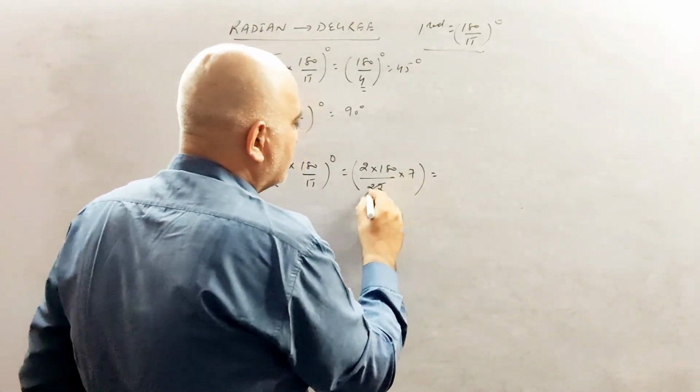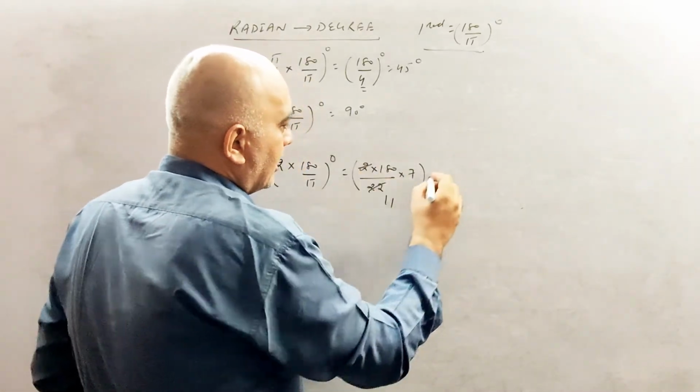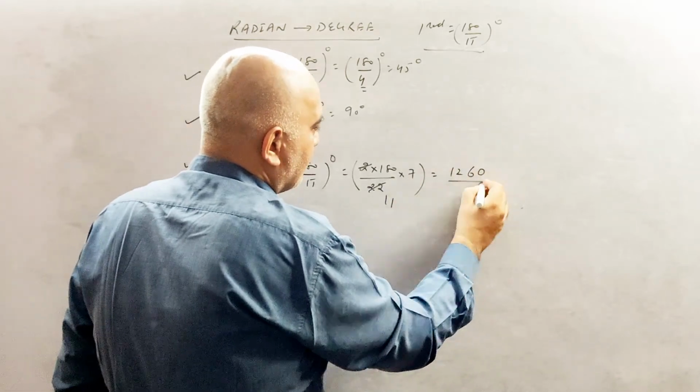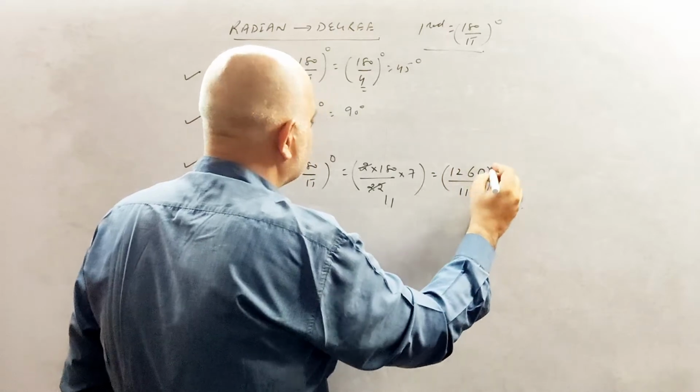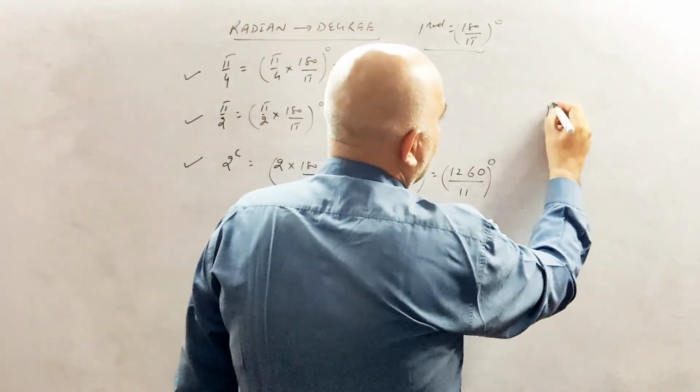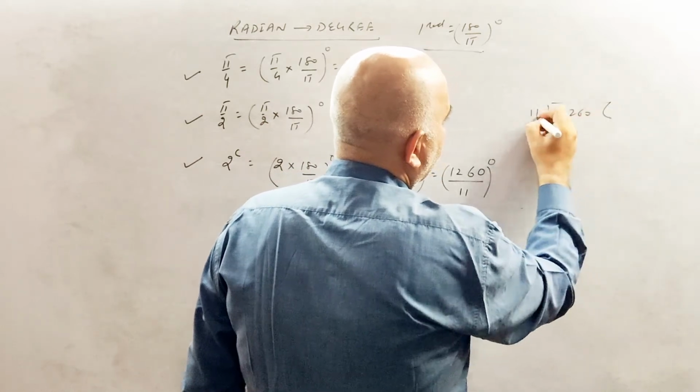So here we obtain 1260 upon 11. That is in terms of degrees. Now divide this 1260 by 11.